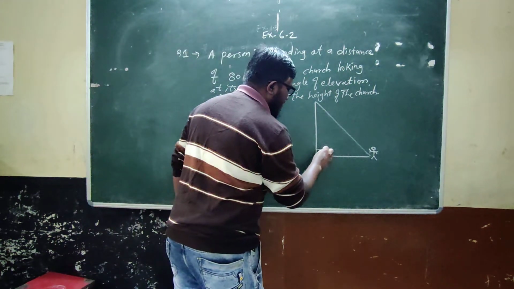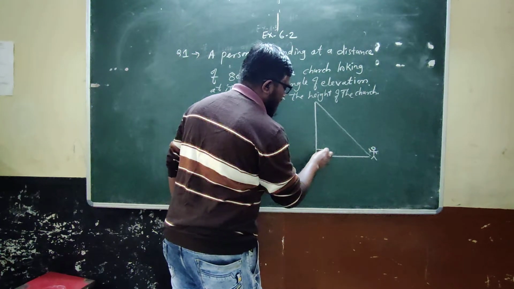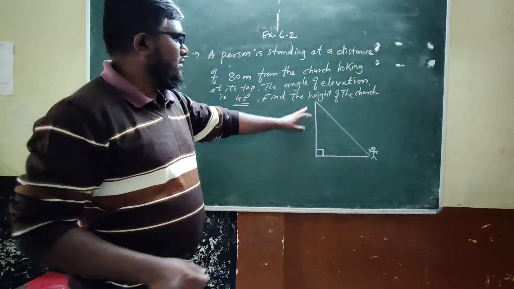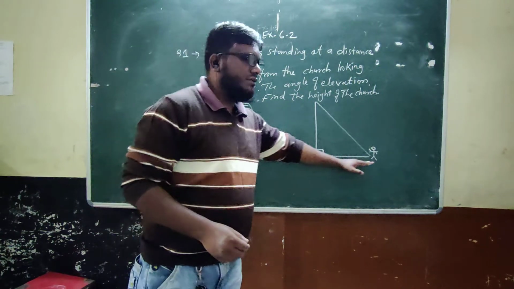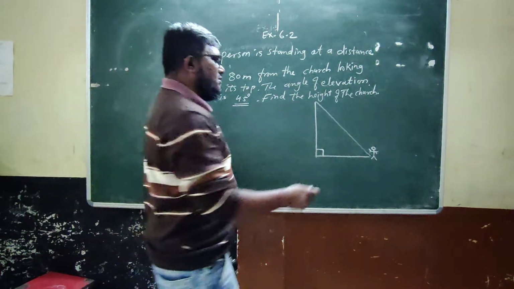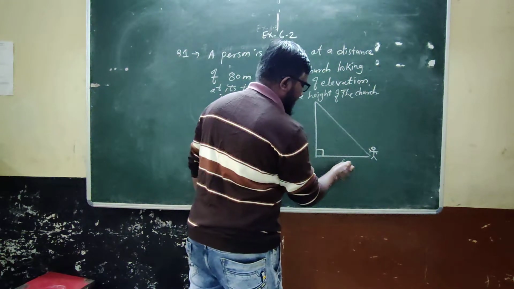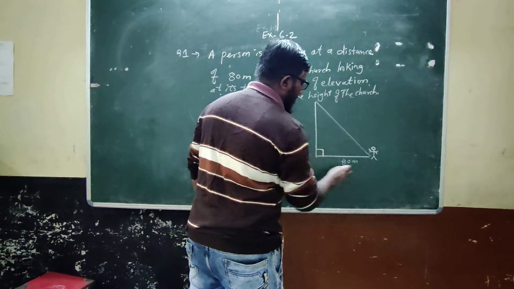Now the wall of the church will be perpendicular to the surface of the earth. This person is standing 80 meters away from the church.